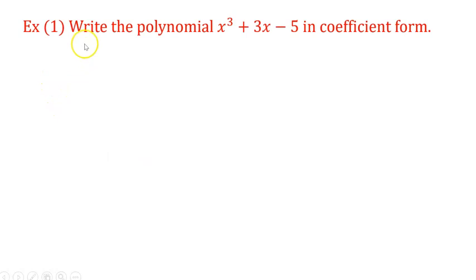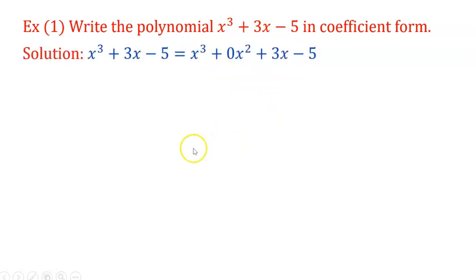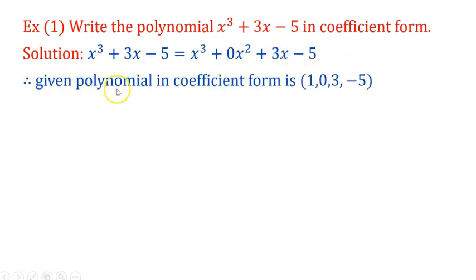Now first example here. Write the polynomial x cube plus 3x minus 5 in the coefficient form. Here the missing term is 0x square. Okay, therefore we can write it like this: x cube plus 0x square plus 3x minus 5. The given polynomial in coefficient form: what is the coefficient of x raised to 3?